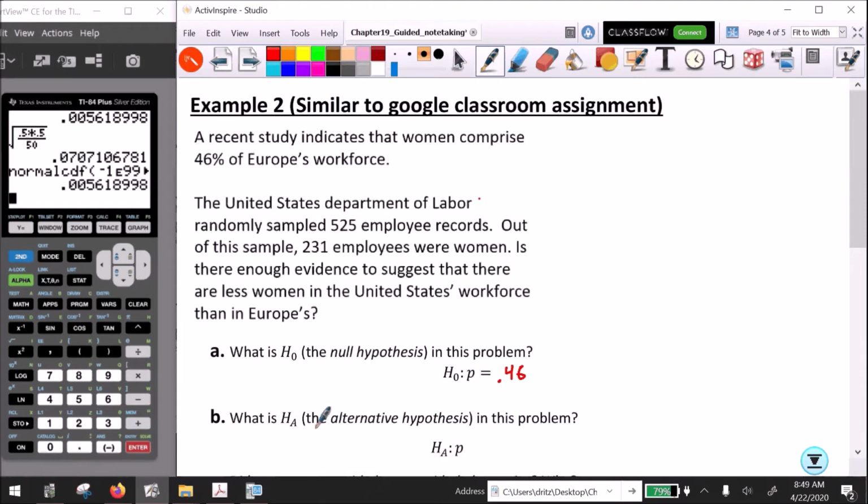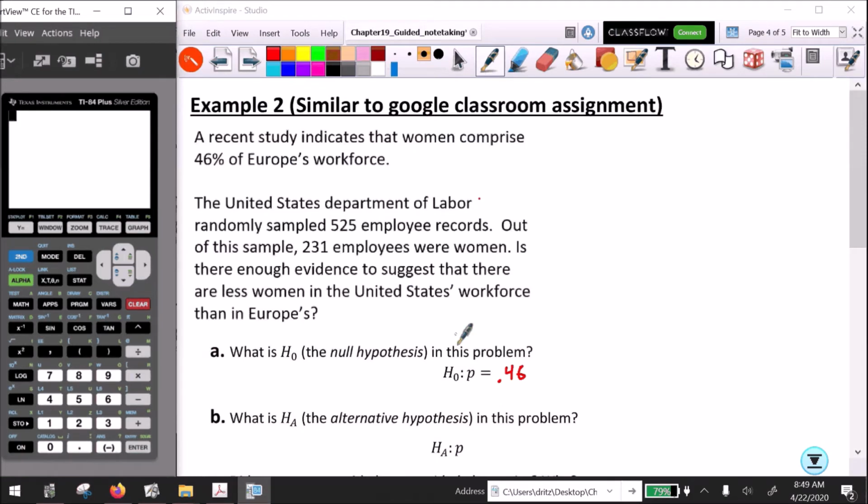And our alternative hypothesis, we usually use our sample proportion to determine what our alternative hypothesis is. And it says here, is there enough evidence to suggest that there are less women in the United States workforce? So this is probably going to be a one-sided hypothesis test where we explore the probability of obtaining a sample proportion that's less than 46%.